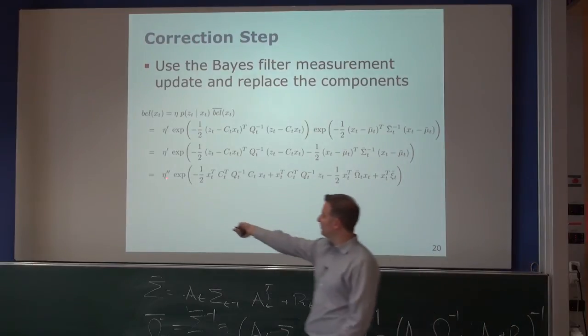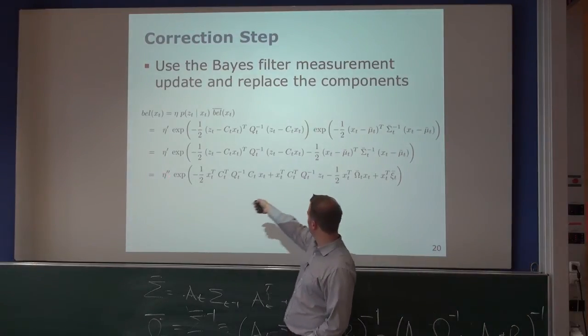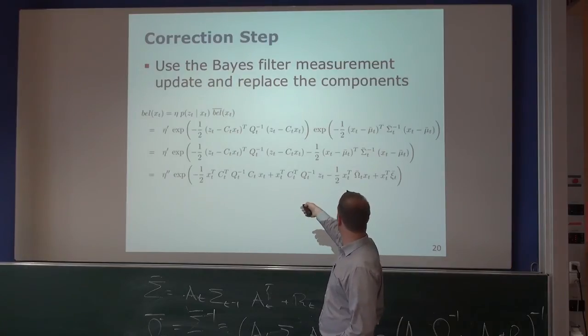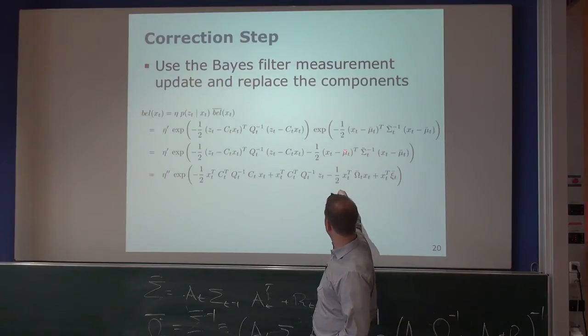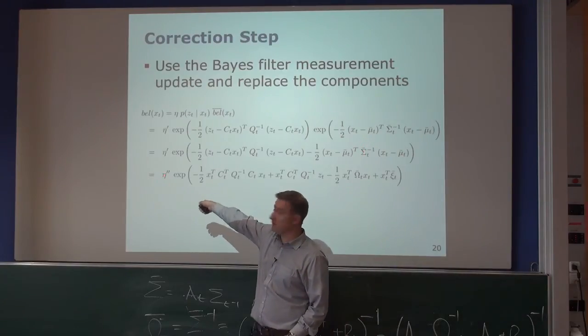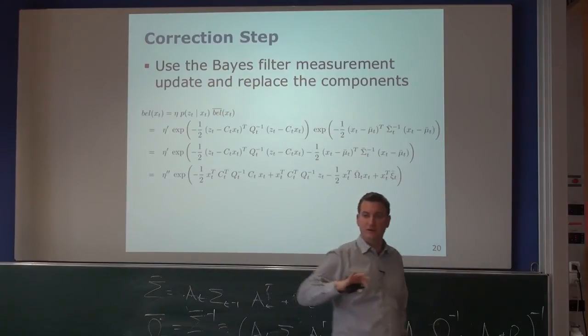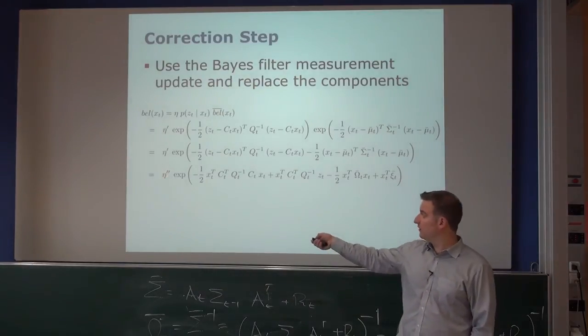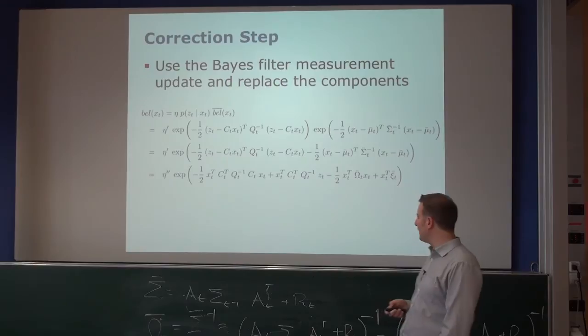So the constant terms kind of disappear now. Therefore, we have a new constant here. This is twice primed.